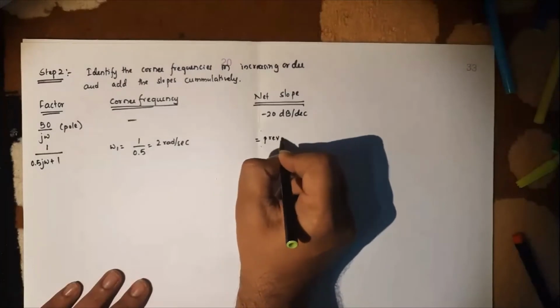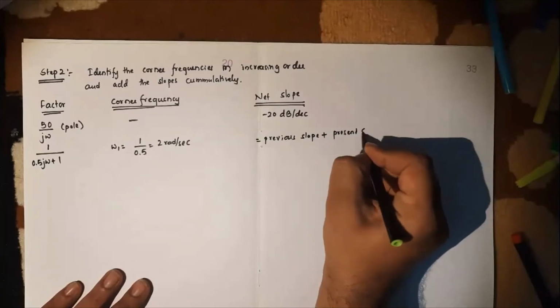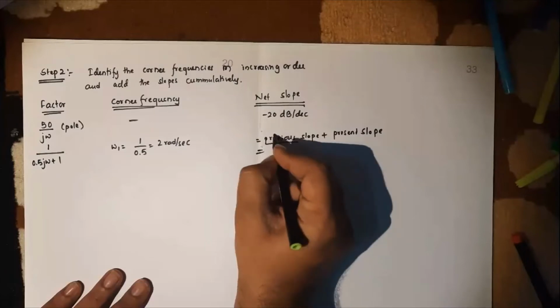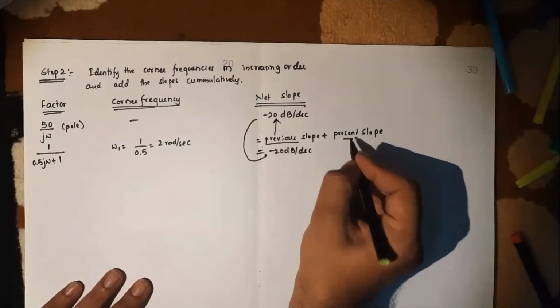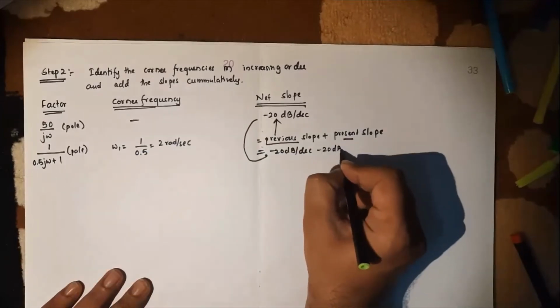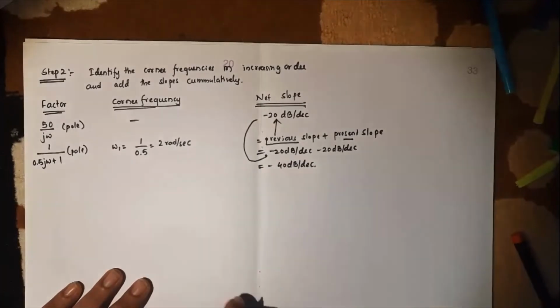Net slope is given as the previous slope plus the present slope, the slope contributed by this factor. The previous slope was minus 20 dB per decade, and the present slope is by the pole. So a pole also contributes minus 20 dB per decade. Net slope is minus 40 dB per decade.